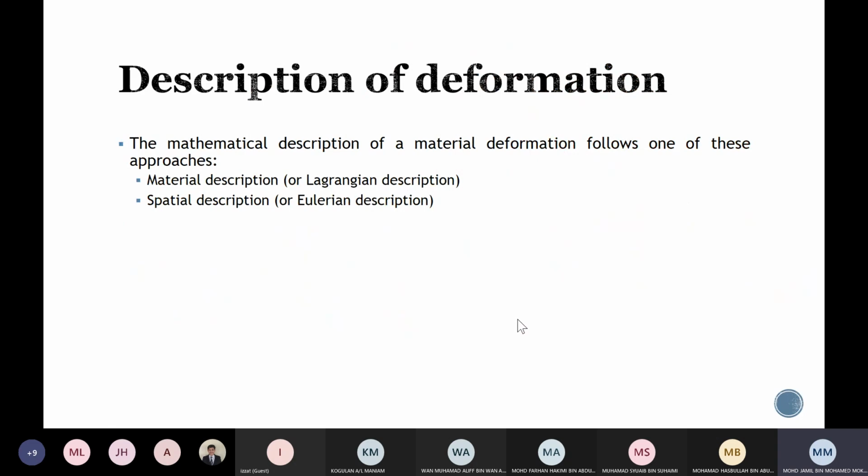One way is looking at deformation using the material description, or what we call the Lagrangian description. Another way is looking at deformation using the spatial description, or Eulerian description. So these are the descriptions of deformation.